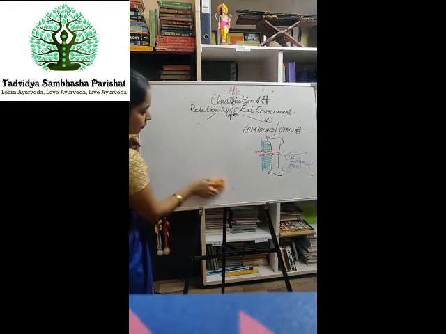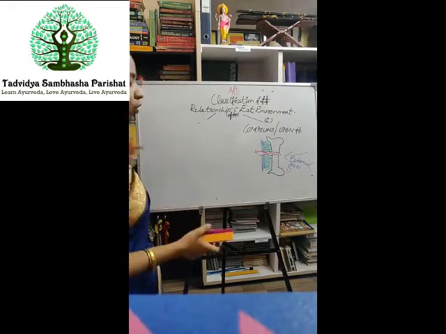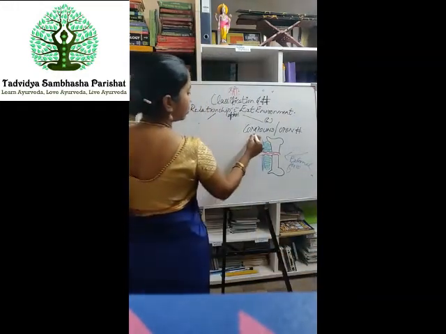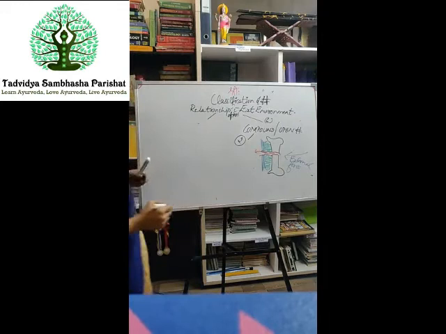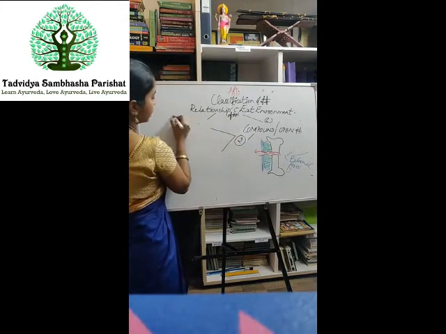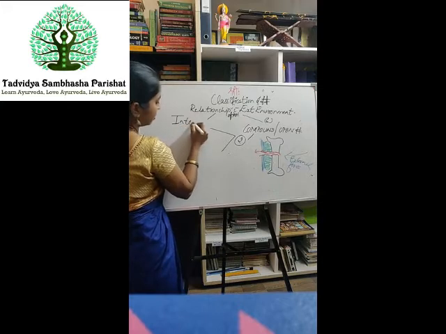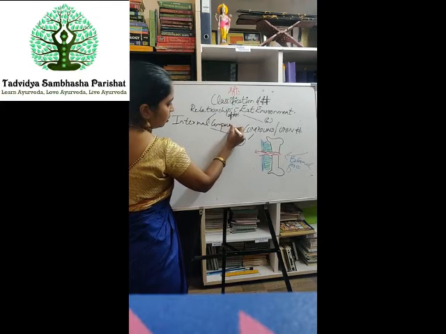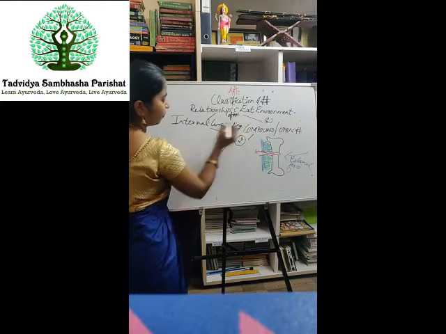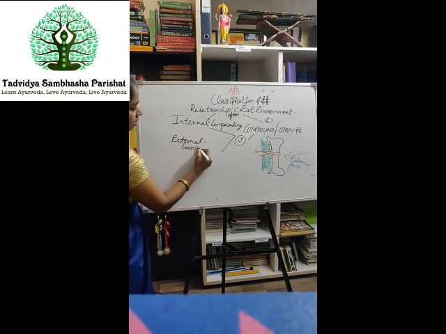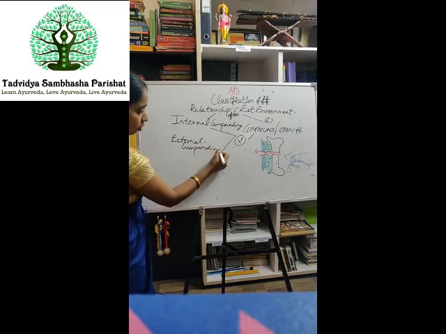So that will be, again with respect to compound or open fracture, there are two varieties. Now what is that? It is called internal compounding and the next one is external compounding.